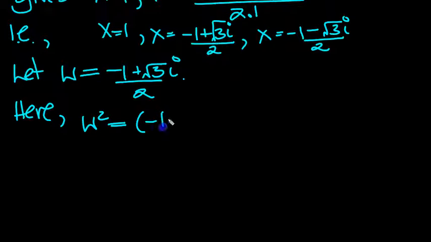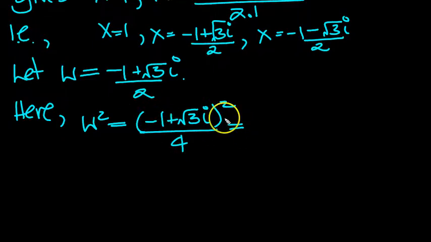So we got minus 1 plus root 3i squared over 2 squared, so that's the square of the top over the square of the bottom, which is 2 squared, which is 4. And this, when we square it, we get minus 1 squared, which is 1, minus root 3i, minus another root 3i, minus 2 root 3i, and then lastly we get root 3i squared, which is minus 3.